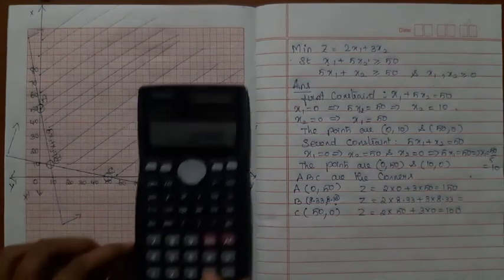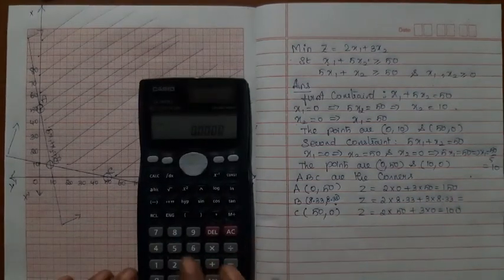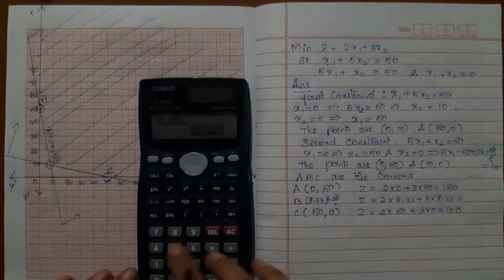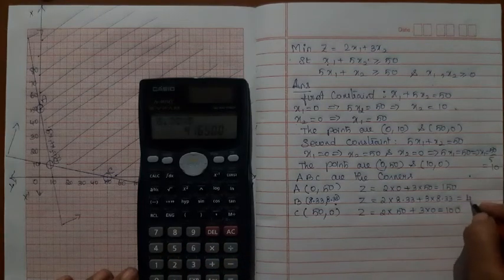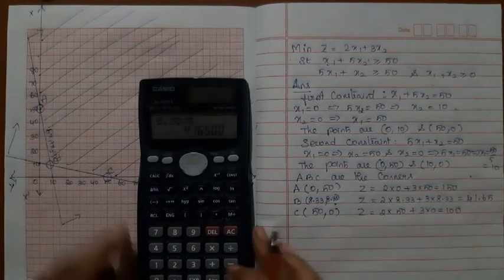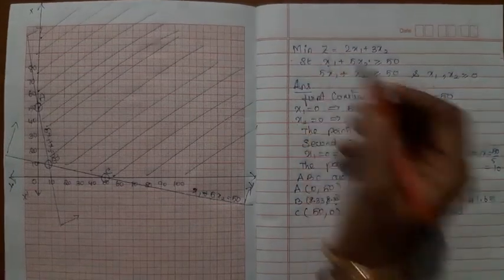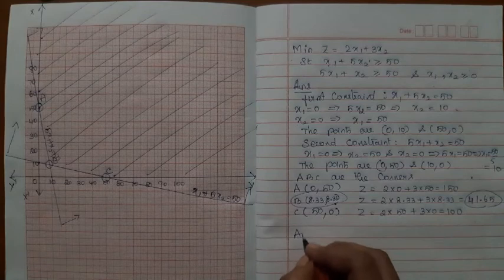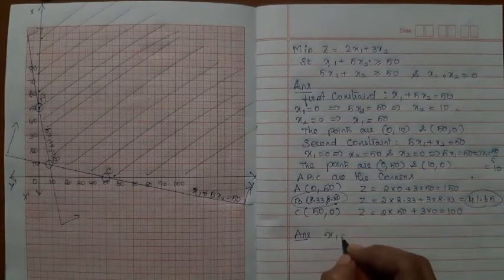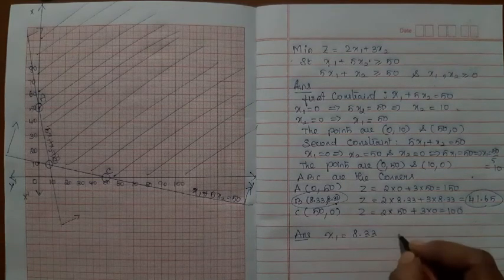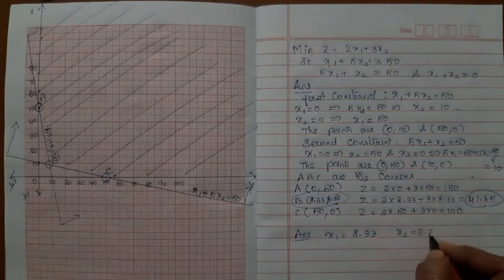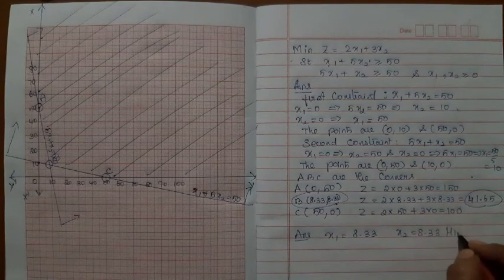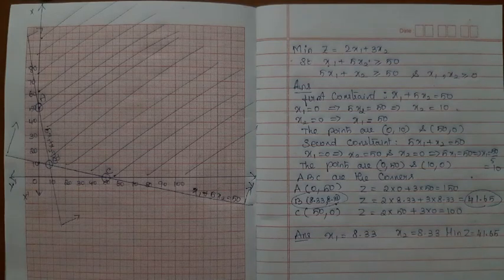Let us compute this. At B, I get 41.65. I want the minimum value, so this is the minimum. So your answer is x1 is equal to 8.33, x2 is equal to 8.33, and the minimum value of z is 41.65. Okay, fine.